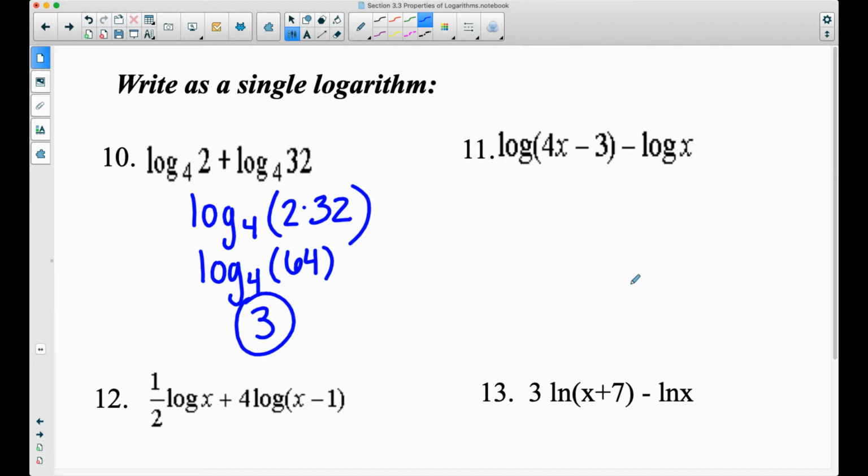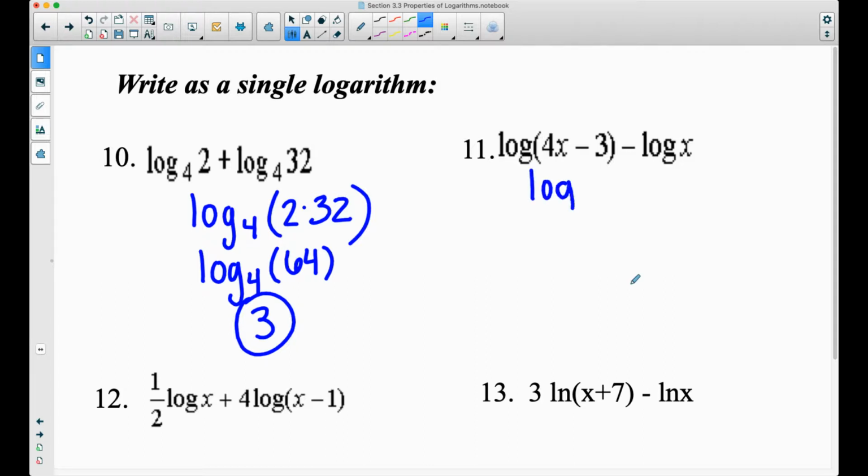Okay, the next one, I am subtracting. Now, notice, it's 2 logarithms being subtracted. I'm not asking about what's inside the logarithm. So do not write this as 4x minus 3, 4x over 3. It has to be in between 2 logarithms.